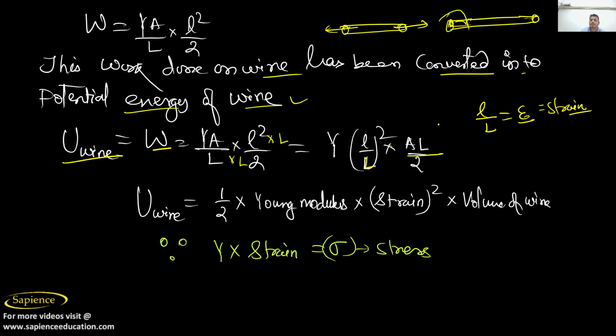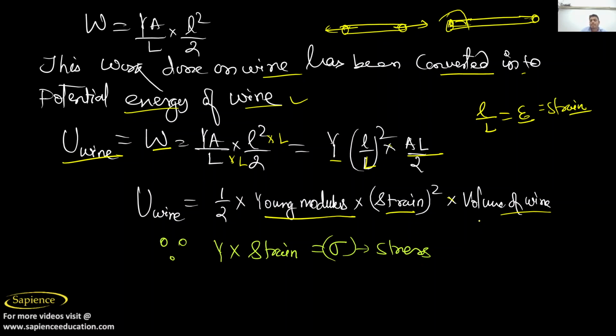I have already talked about this many times, in all three videos, the two previous videos. So can we put here half into Young modulus, that is Y is your Young modulus of elasticity, into change in length by original length, which is your strain, squared, into the volume of the wire. Okay.